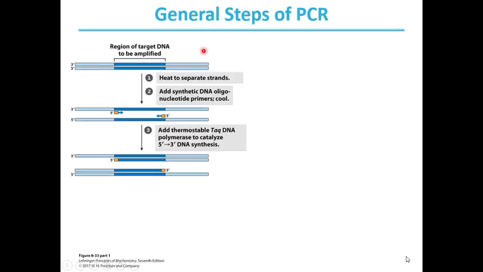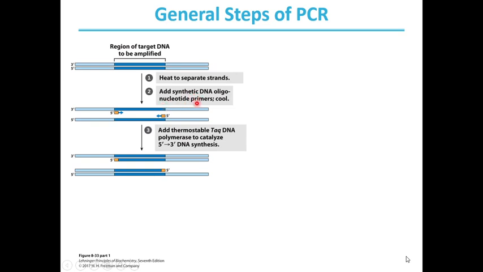Here is a schematic illustration describing the general steps of PCR. Shown here in dark blue is a region of the target DNA that needs to be amplified. When you initiate the PCR reaction, in the first step, when the specific DNA gets heated up, it denatures and becomes separate strands.